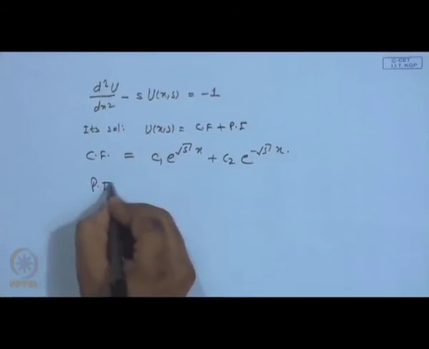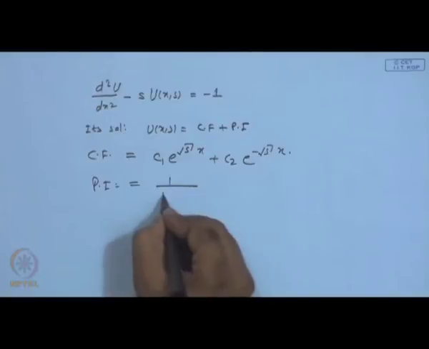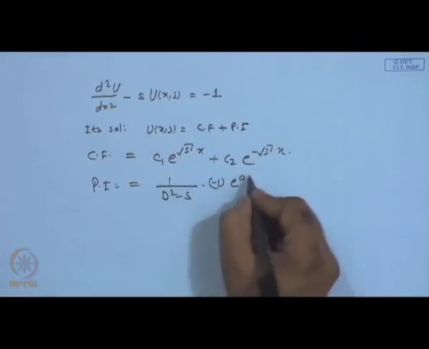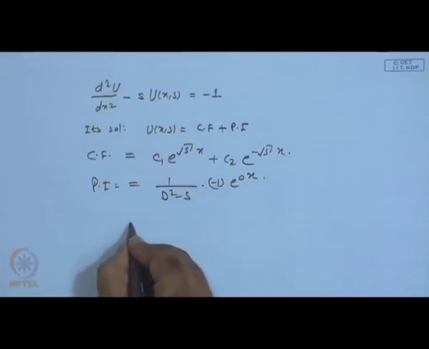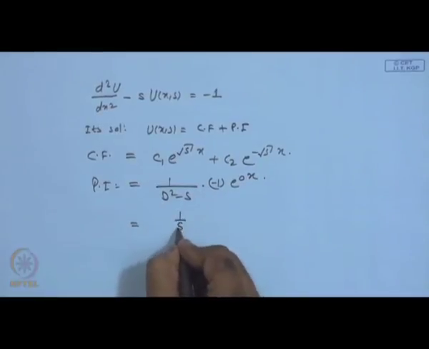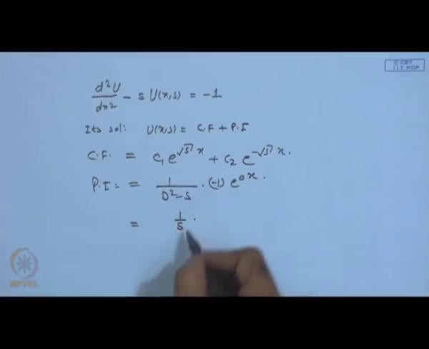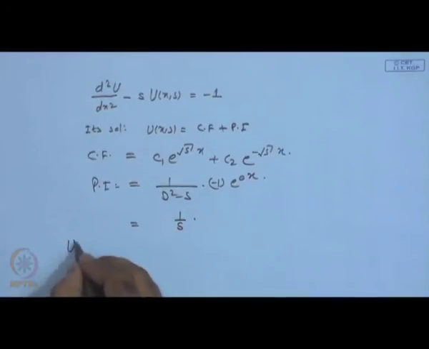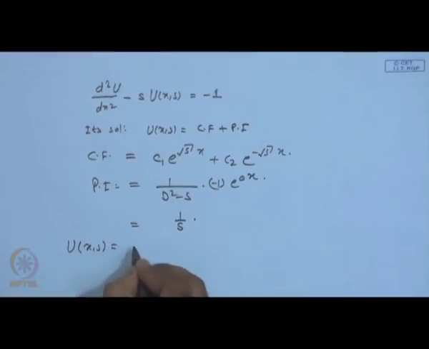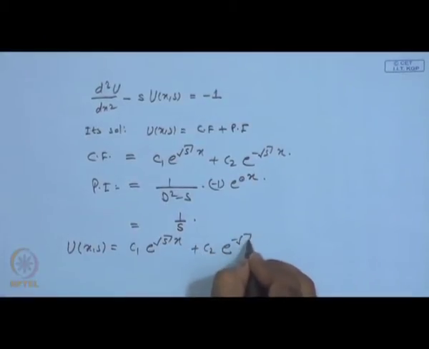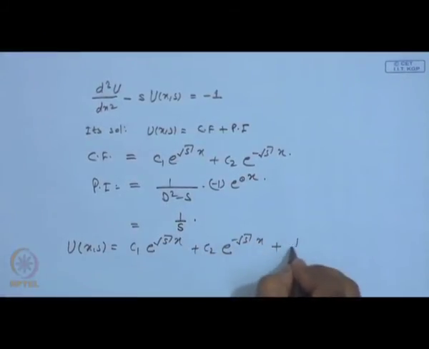For the particular integral, we have D square minus s, and we have minus 1 here, which we think of as e power 0 x, and then we put this 0 here, so we will get minus s, so we have 1 over s. So, this solution u x s is C1 e power square root s x plus C2 e power minus square root s x plus 1 over s.